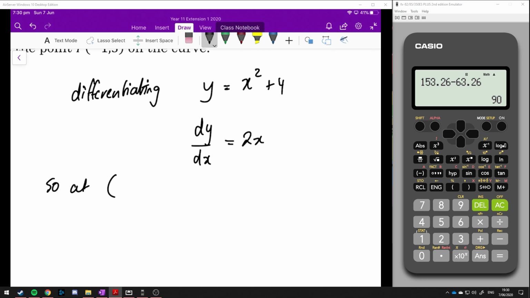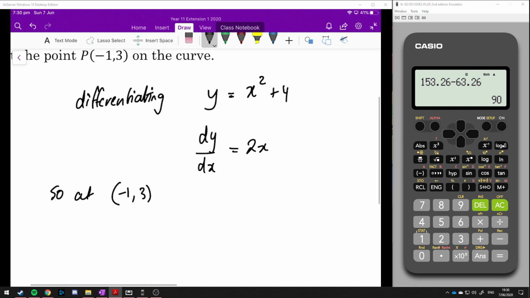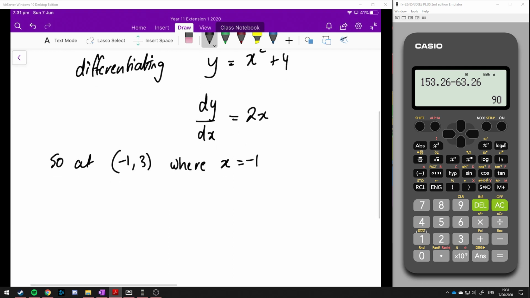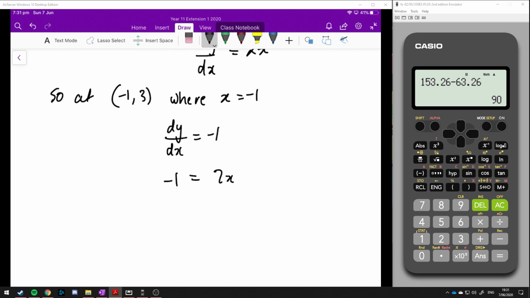At our point in this question, negative 1, 3, we want to work out what the gradient of the tangent to the curve is. Sorry, I'm doing this the wrong way around.